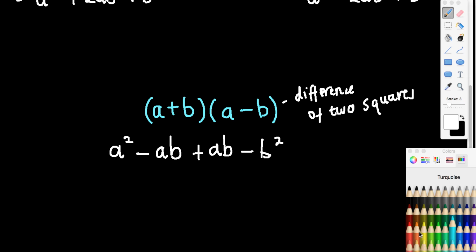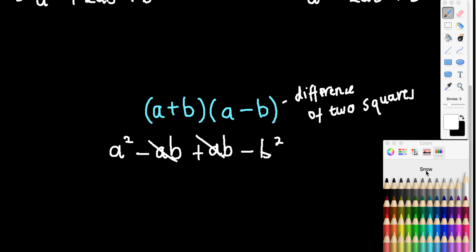These are actually going to cancel out here: minus ab plus ab. As you can see, all we are left with is a² − b², and hence the name, the difference, this minus in the middle, of two squares, a² and b².